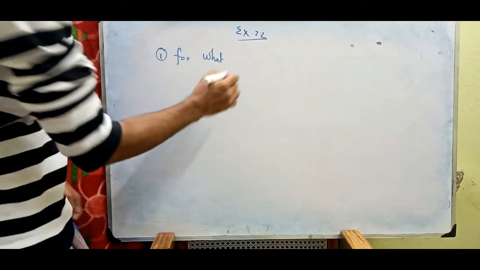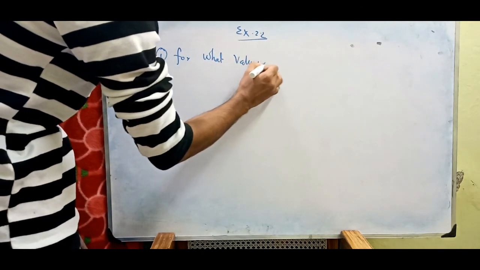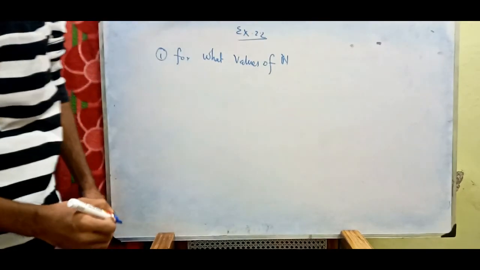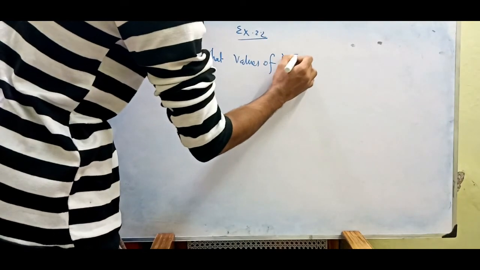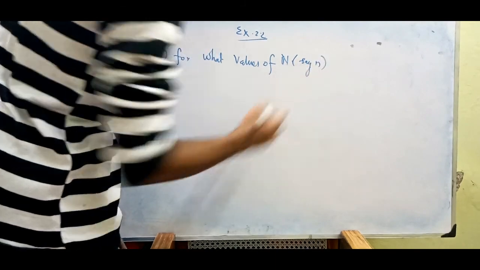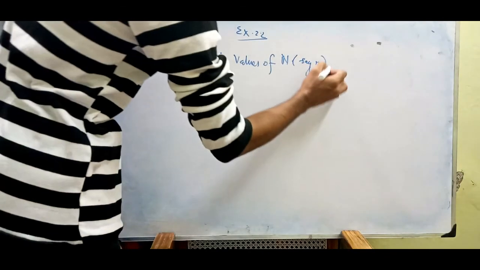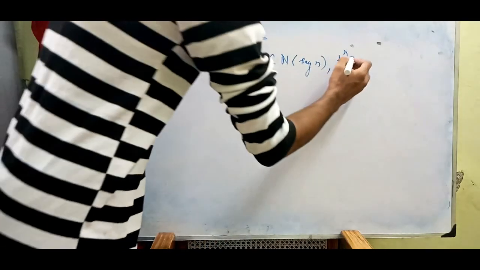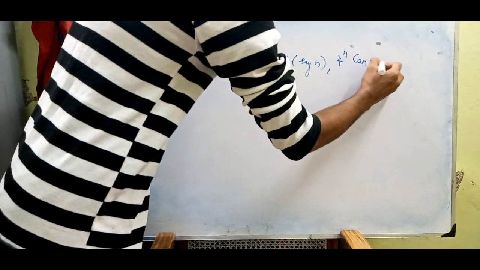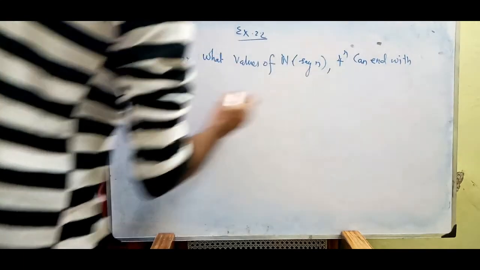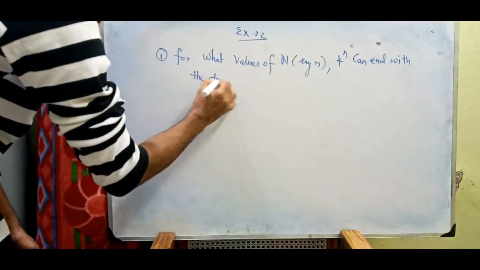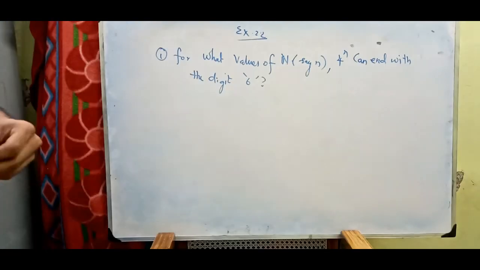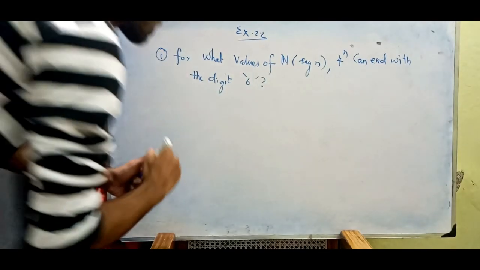For what values of natural number n can 4 power n end with the digit 6 in the last place? Okay, so let us have this solution.